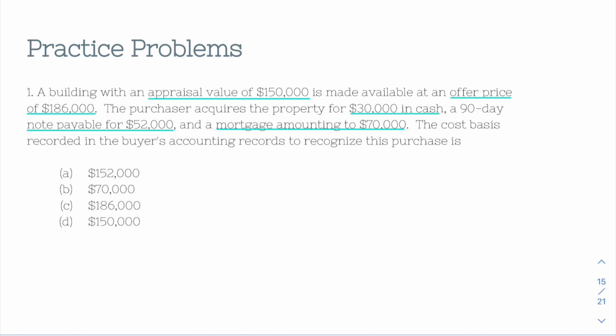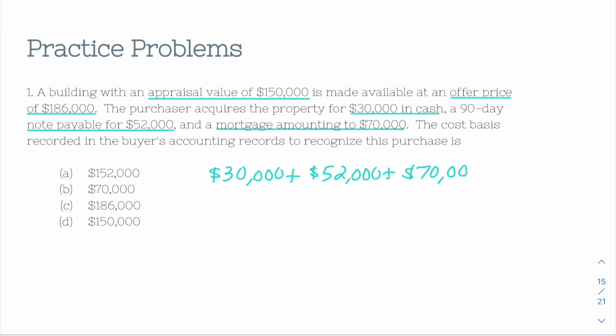The cost basis recorded in the buyer's accounting records to recognize this purchase is, so the cost basis, this kind of goes back to the cost concept from chapter 1, is we record whatever we pay for it. So whatever it costs us to acquire the asset is what the cost is for us. It's not what it's worth on the market, it's not the offer price, it's not the selling price, it's what we paid for it. So the purchaser acquired the property for $30,000 in cash, plus a note payable of $52,000, plus a mortgage of $70,000.